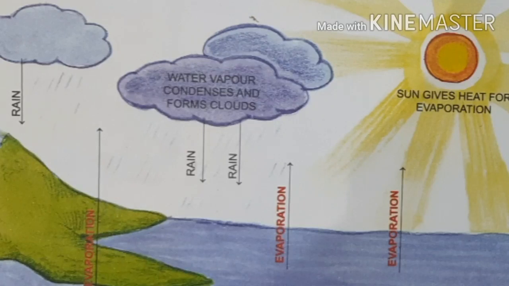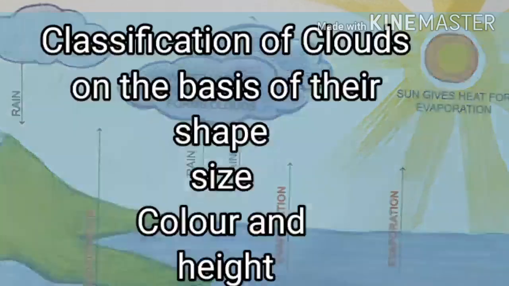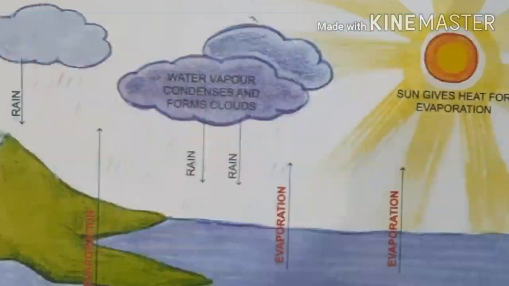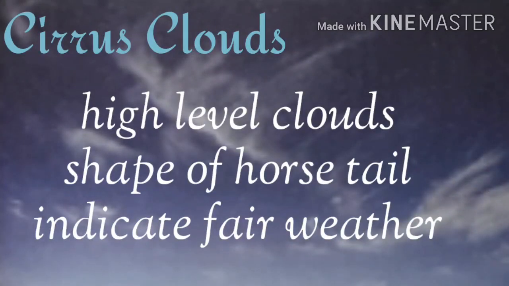These clouds are the main source of rain, snowfall, hail or sleet on the earth. Clouds can be classified or named on the basis of their shape, size, color and height. Here you can see the cirrus clouds.